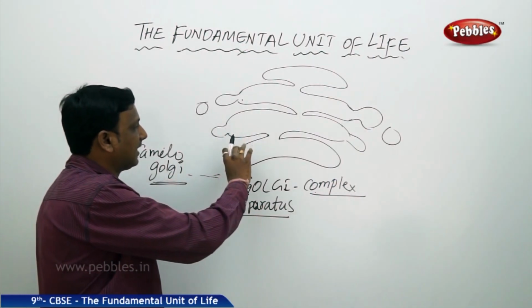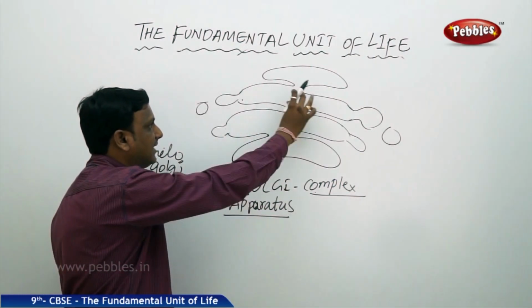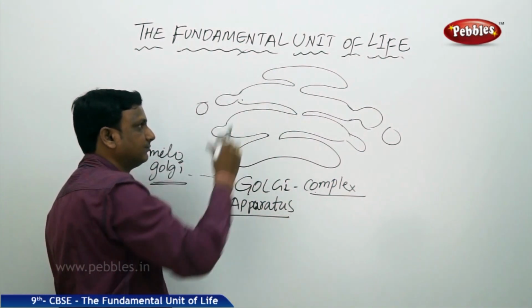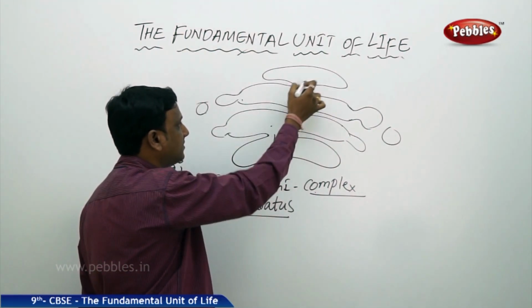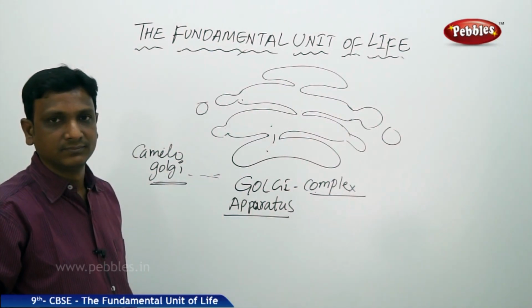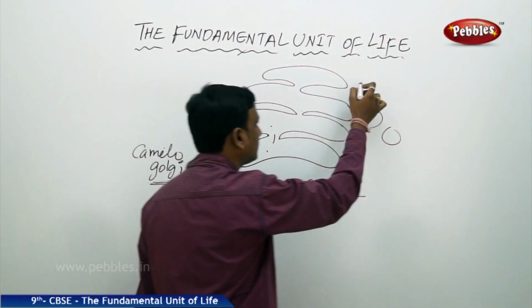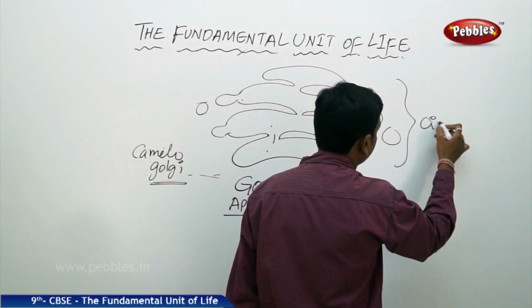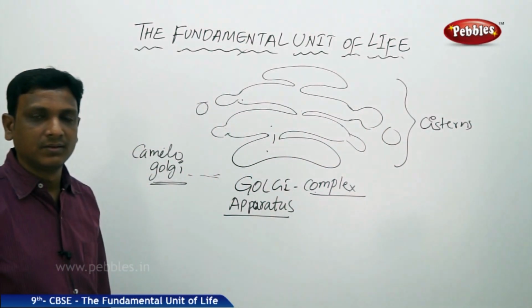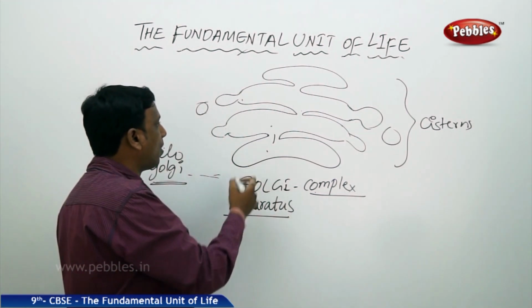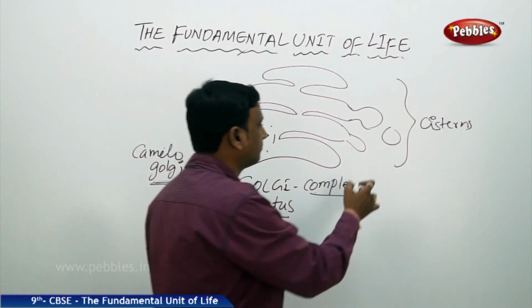If you see them, they are like vesicles arranged parallel to one another and having some connection. This vesicle is connected to this. These are called cisterns. So this is at some point connected to the endoplasmic reticulum.